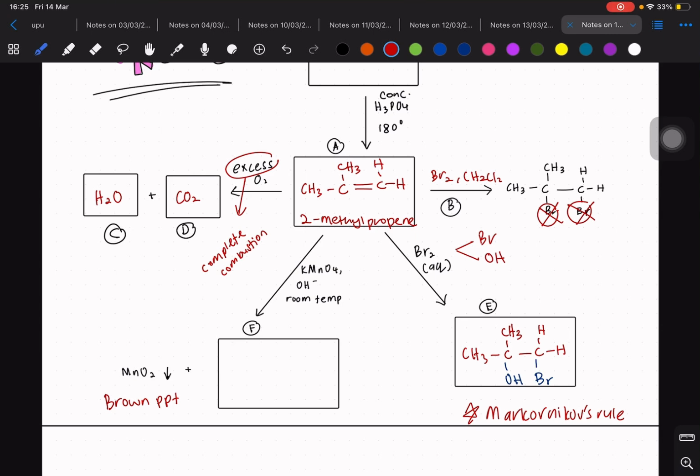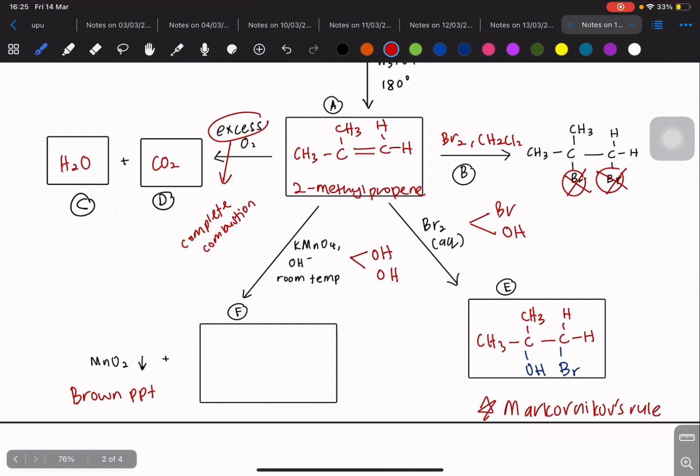When there is a Baeyer test, the addition is OH and OH. We don't need to consider the Markovnikov rule since the added molecules are the same. So break down the double bond and form 2 new single bonds. So OH will be added here.